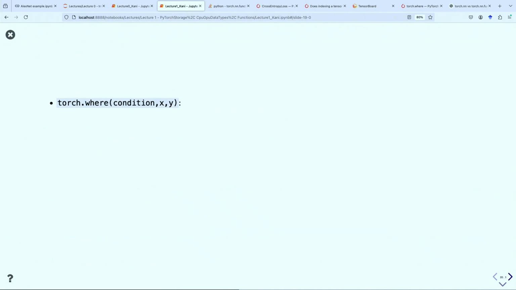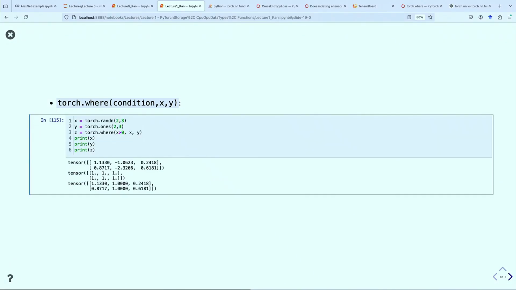Same as NumPy. There's a useful function in torch, I can't remember if it's in NumPy also, I have to check. It's the where function, where you can create a tensor that chooses between the values of two variables based off a particular condition. Given this condition, either use the value from x for this particular element, or use the value from y.